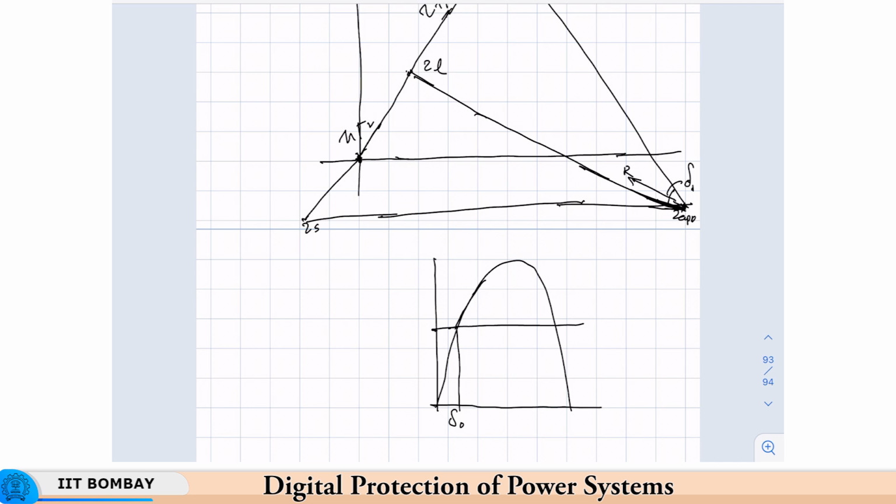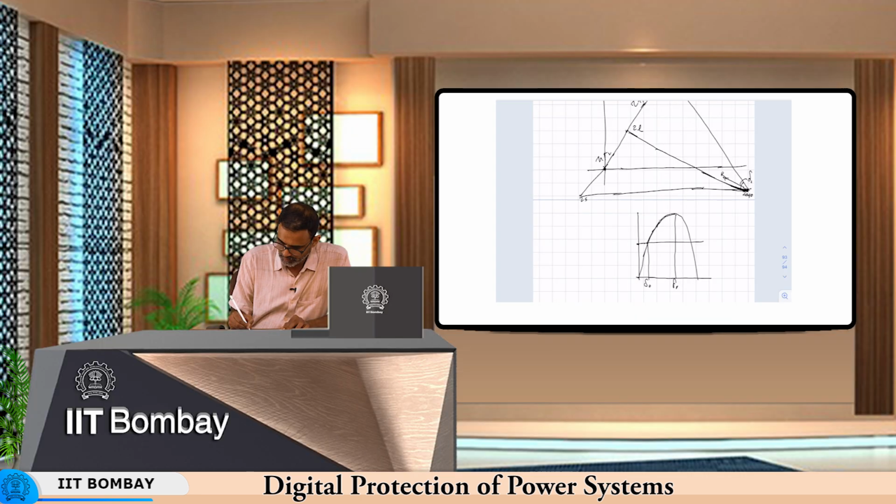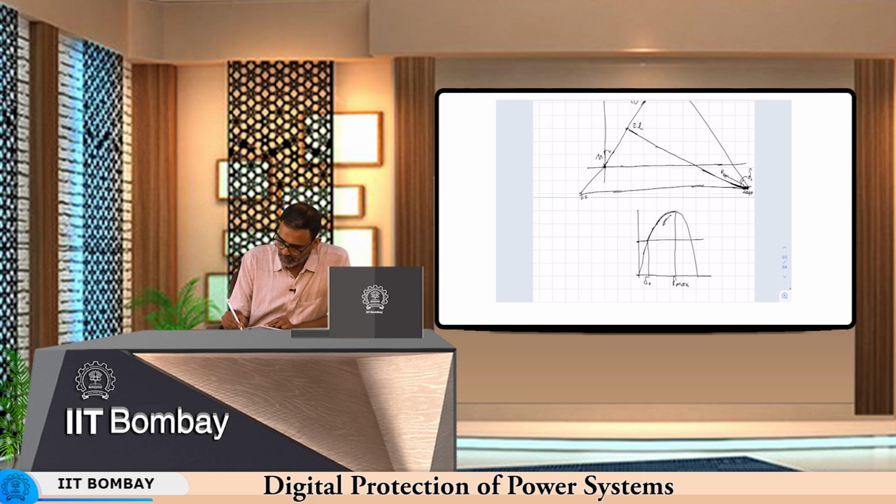If the swing is stable, after some time delta will start reducing again. It goes up to some delta max here and then starts retracing its path backward. This oscillation will continue till, after the fault is cleared, it settles back at delta naught.